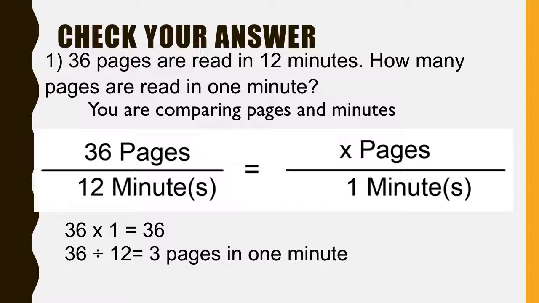Who can tell me why I'm multiplying 36 times 1 and not 12 times 1? Good, we always multiply the two numbers that are across from each other. Then we have to divide by the number that's by itself. 36 divided by 12 is how many pages? 3 pages in 1 minute.